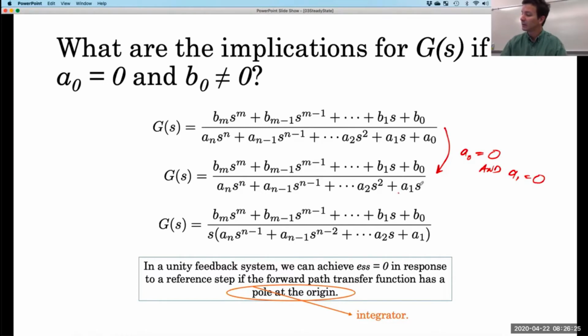Well, then this term goes away, and now the lowest order S term here has two S's, which means we could actually pull out two S's. Knock all these down.